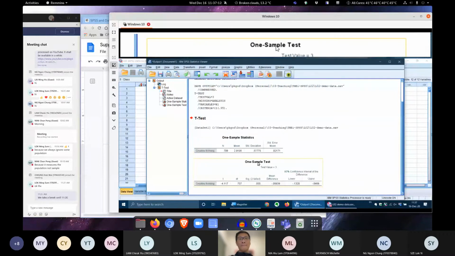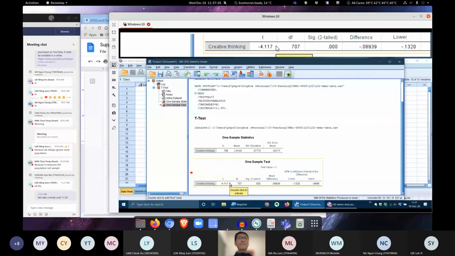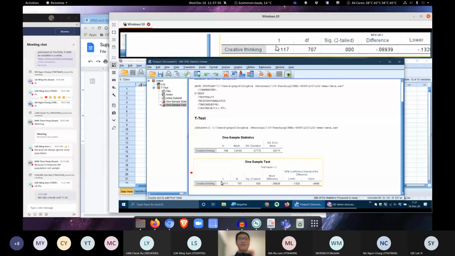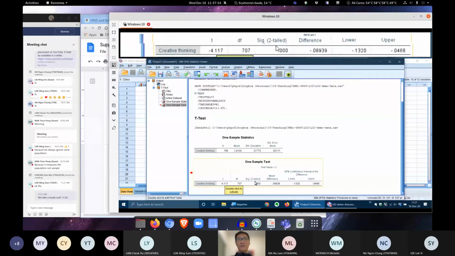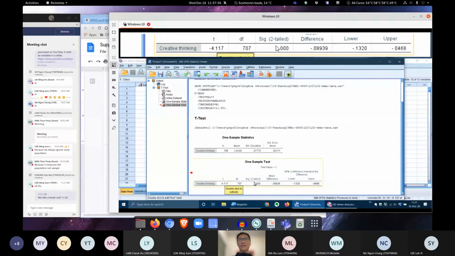Now, here is the result given by SPSS. First of all, we check the test value, make sure that this is the test value we are trying to test. In the table here, we have the t value. As I told you, it doesn't matter what you have in the t and the degree of freedom here. The most important number in this case is the SIG, or the p-value.